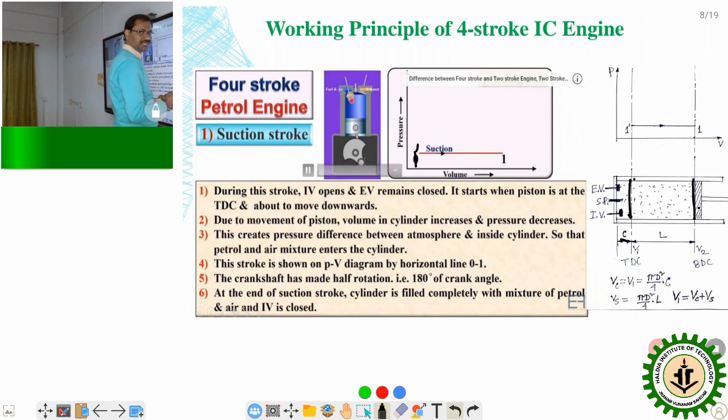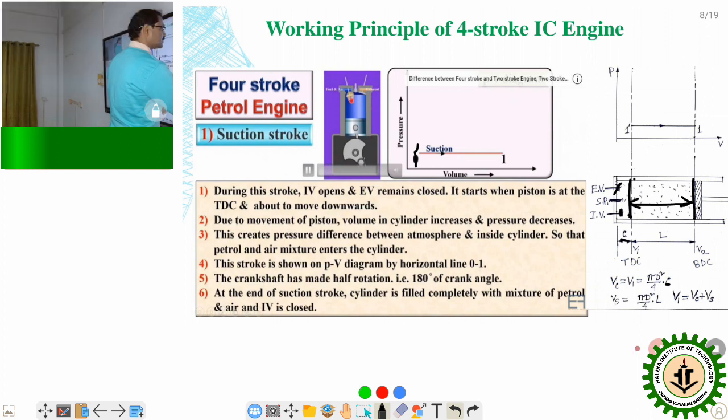The length is called C, and the displacement of the piston is called stroke length L. So the volume within this clearance length, that is Vc, sometimes called V1, is pi d square by 4, where d is the bore diameter, the cylinder internal diameter, that is the area, into the length C. So that is the clearance volume, because the piston will not move beyond top dead center, and when the piston moves backward, the total displacement of the piston will be from here to here.